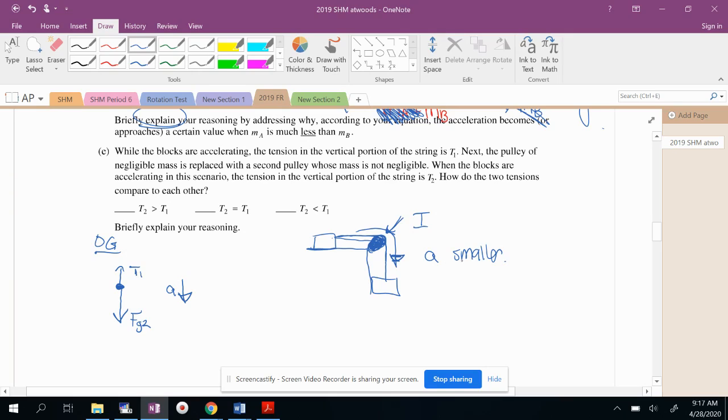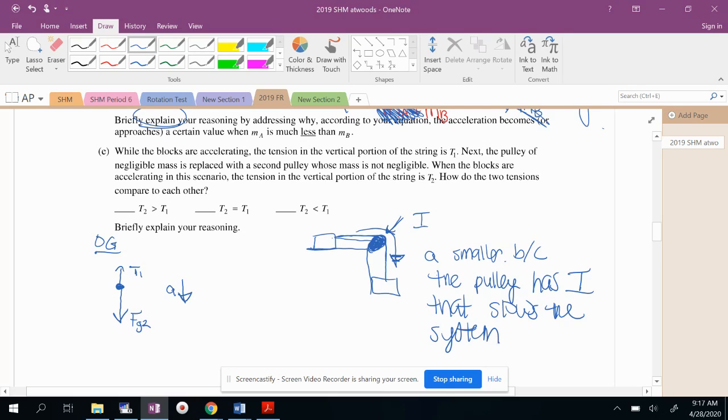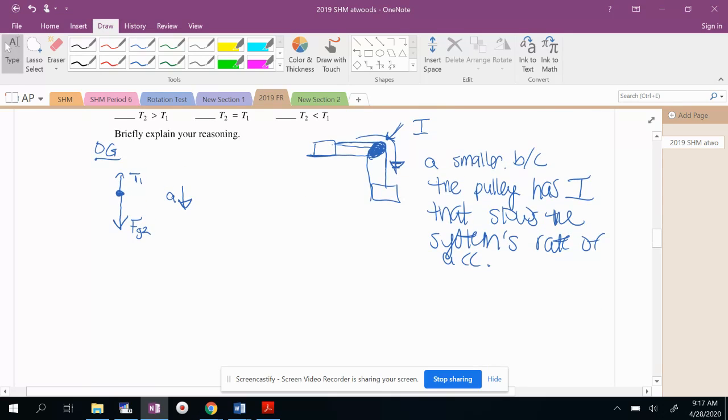Okay, so my acceleration of this system is smaller because the pulley has inertia that slows the system down. Actually slows the system's rate of acceleration. Okay, so now that means everything is accelerating not as much.